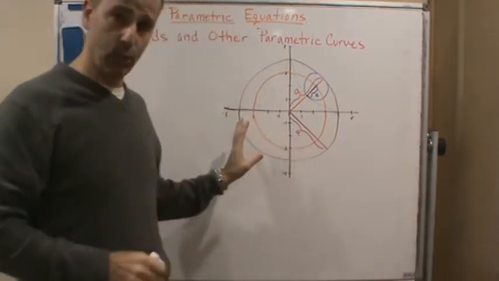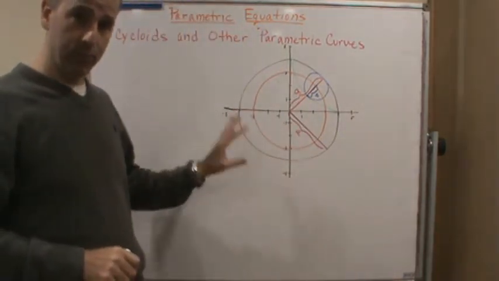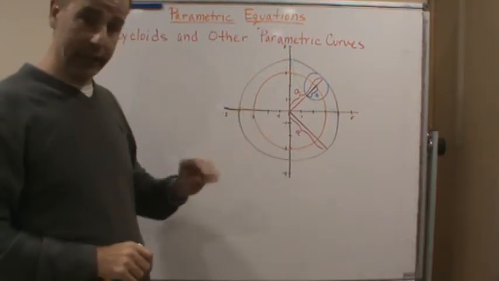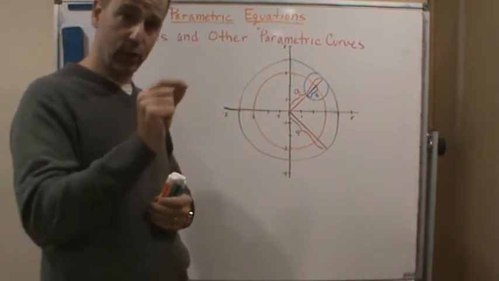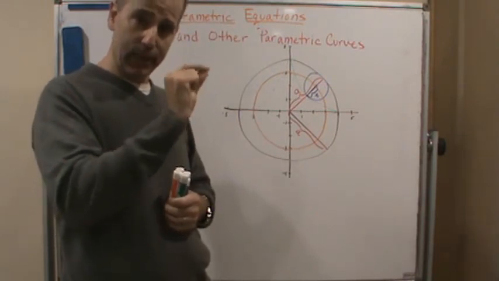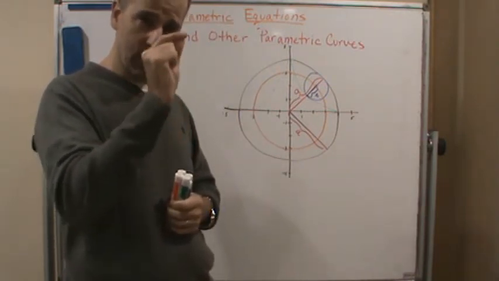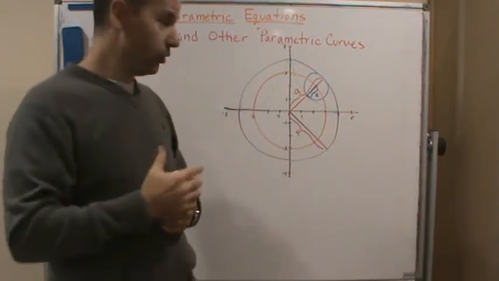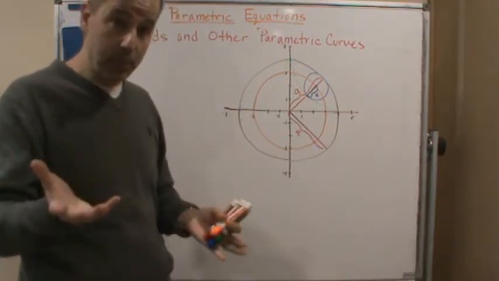This is exactly what we're doing here on the board. They're making hypocycloids. Depending on which hole you put it in and how big the center is, that tells you what kind of shape you're going to have.